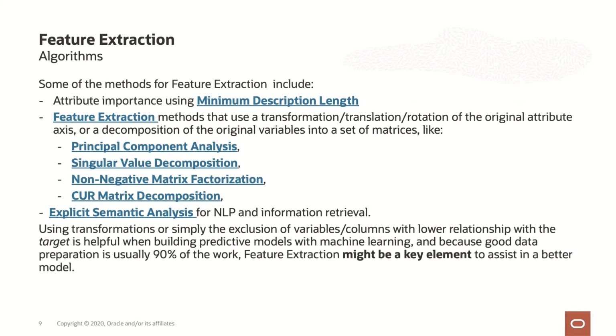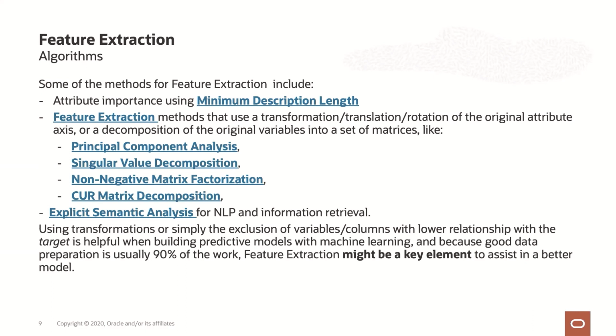So we have an attribute importance algorithm that uses the minimum description length for the processing, and then feature extraction methods that will do some sort of transformation, translation, rotation of the axis of the original attributes to try to get them into a position where you would see the most variability. And we're going to look into those. Things like principal component analysis, singular value decomposition, non-negative matrix factorization, and the CUR matrix decomposition.